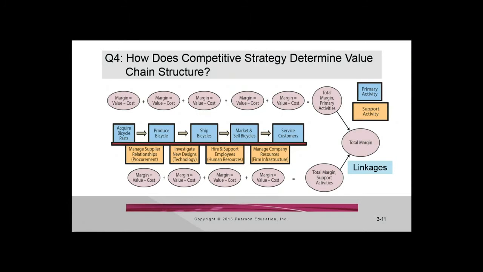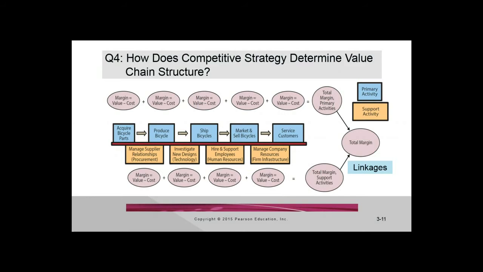Okay, and this is an example of a bicycle shop. So we are creating bicycles, and it talks about 5 primary activities in the value chain, and those are denoted by the blue boxes.